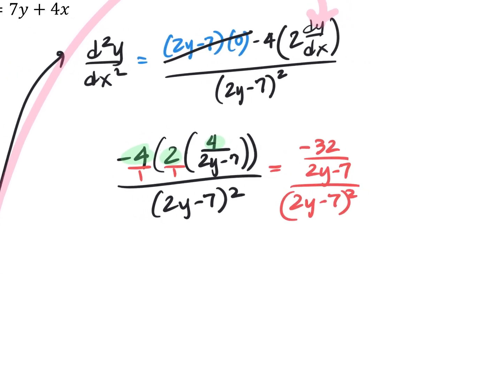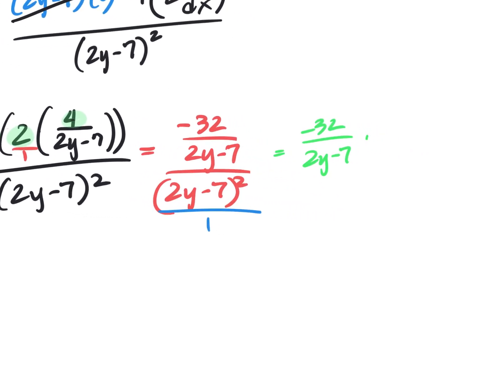I can't cancel, because look, my denominators don't match. These do not cancel out because the denominators don't match. What is dividing by 2y minus 7 squared the same as multiplying by? So you're saying I have -32 over 2y minus 7, times what? 1 over 2y minus 7 squared.